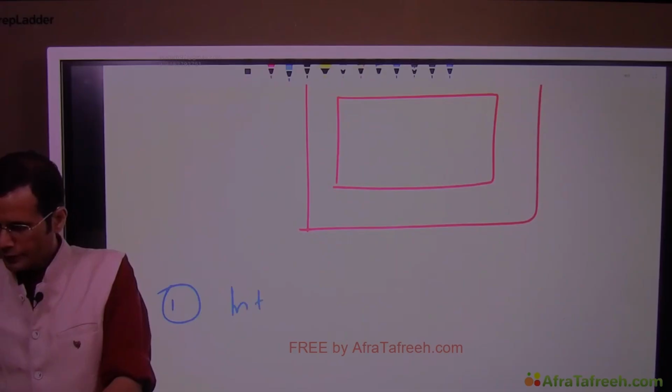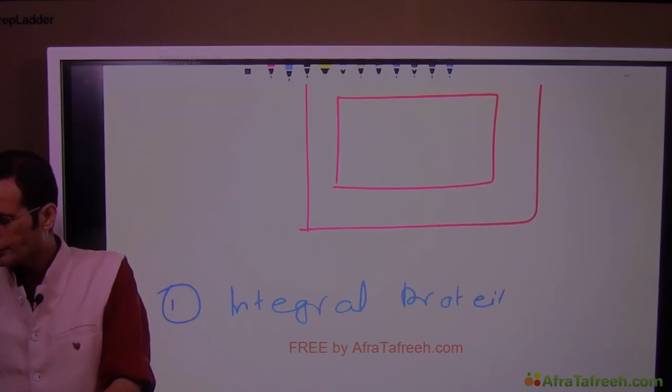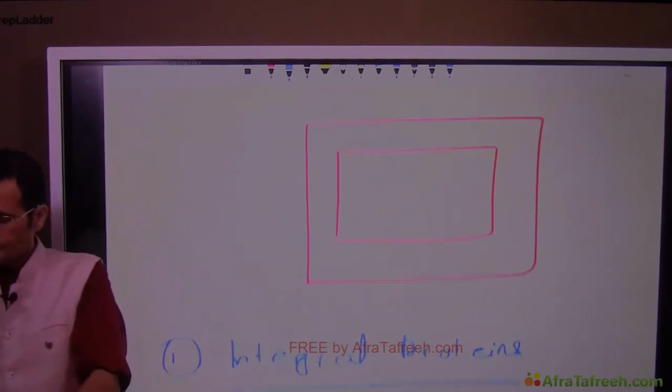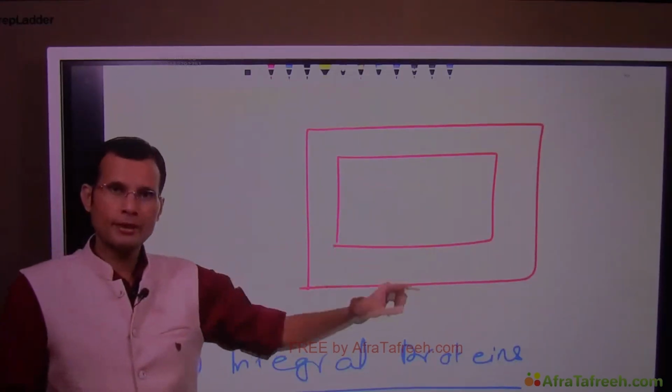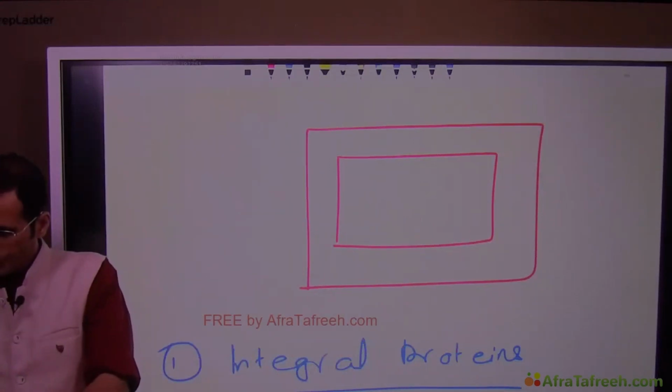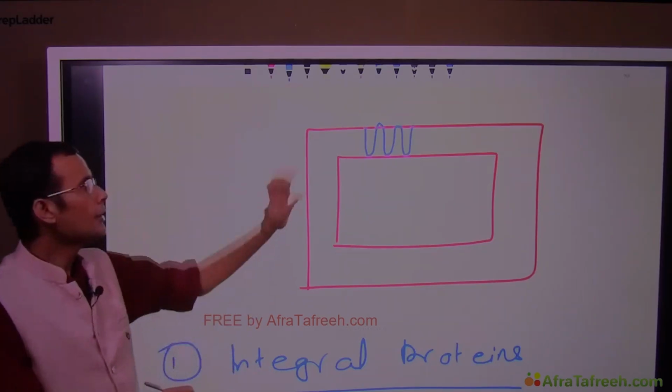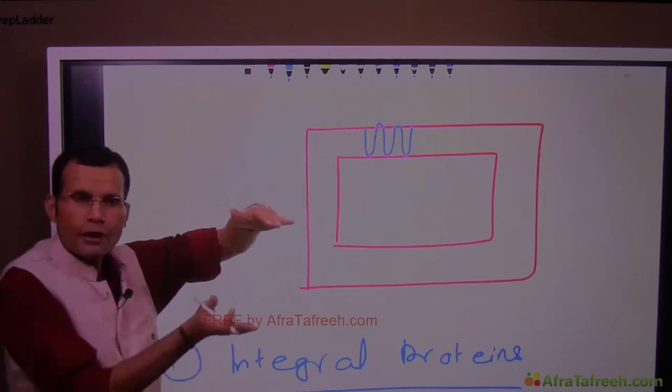One is integral proteins. Integral proteins means they are located within the membrane. Now I am drawing a particular example. Watch it. Here is an integral protein. It's entirely confined or located within the membrane.